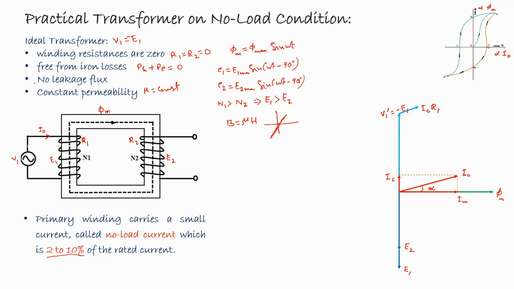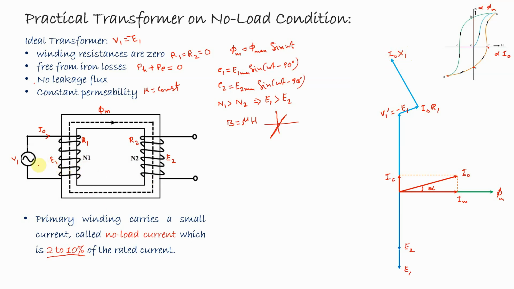Therefore, the voltage should lead the current by 90 degrees. That means the voltage drop in the leakage reactance of the primary winding should be in the leading position. It is shown by this phasor, I naught into X1, where X1 is the leakage reactance of the primary winding.